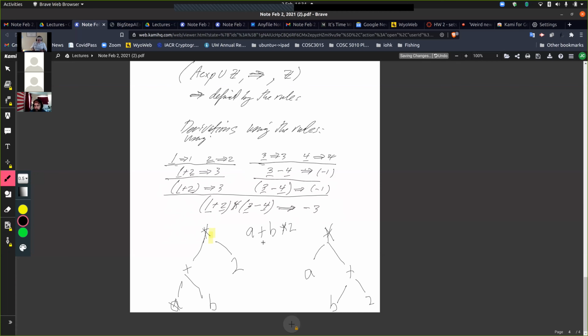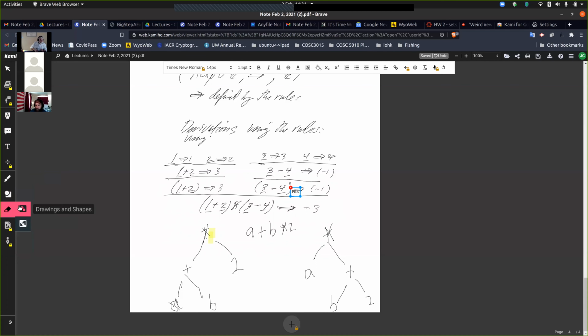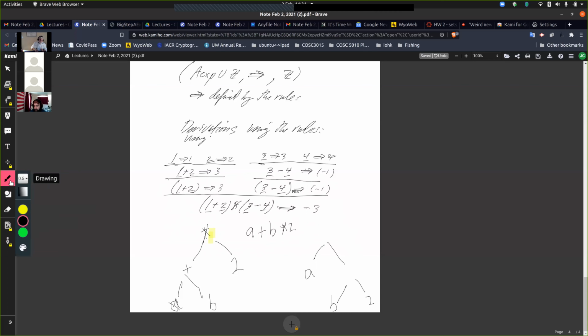And so this one here, I need an eraser. The operators still have to stay in the same order. So this stays the same.